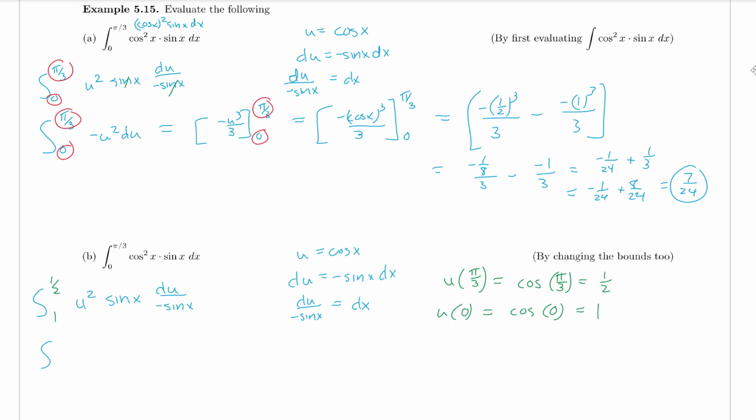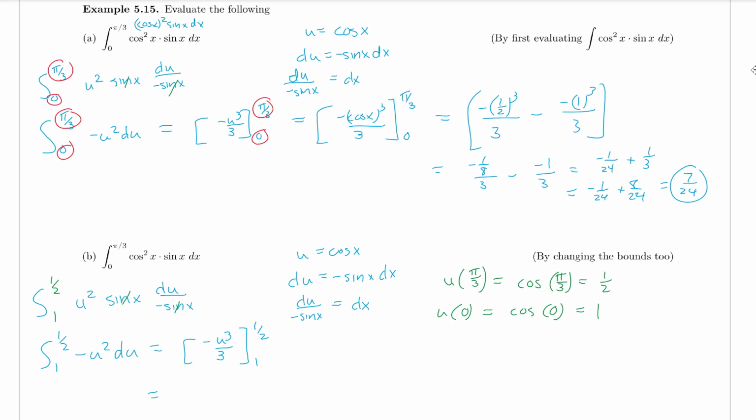And I get that we have the integral from 1 to 1/2 of negative u squared du. And we already found this antiderivative. It's negative u cubed over 3. But now I'm evaluating from 1 to 1/2 because I've already changed my boundaries.